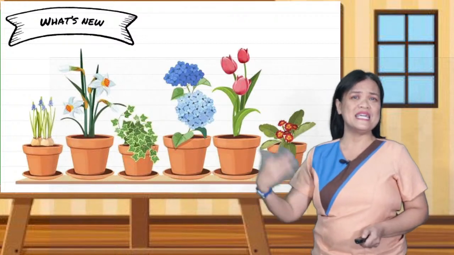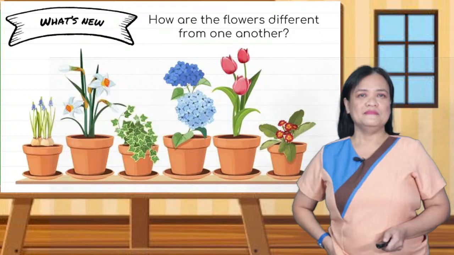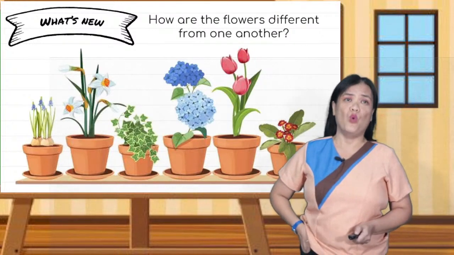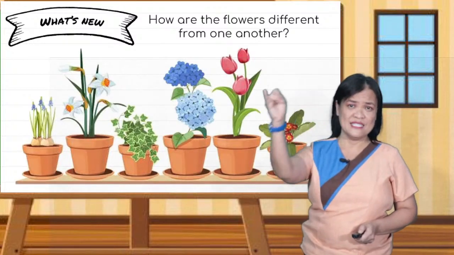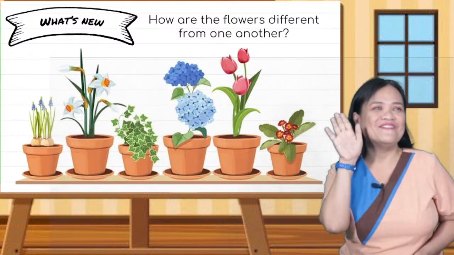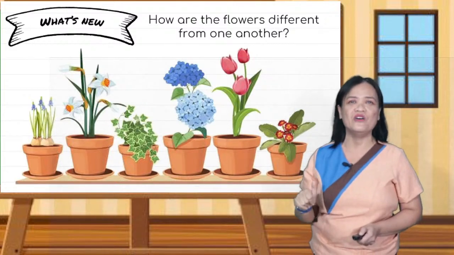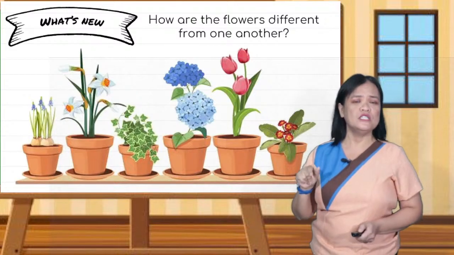What can you see in this slide? So how are the flowers different from one another? So I give you time. 1, 2, 3, 4, 5. Huwag tayong seryoso, okay? Hi, children, yung mga nagwa-watch dyan. Okay. So, how are the flowers different from one another?